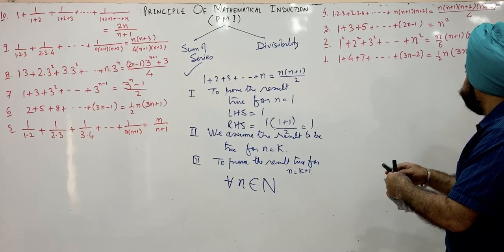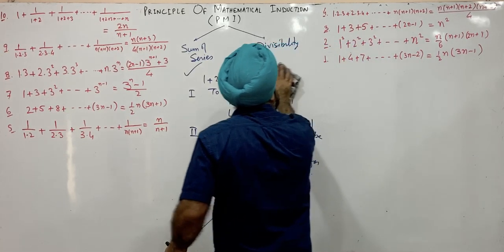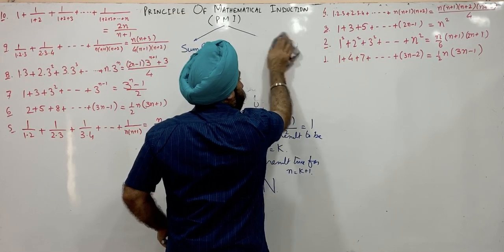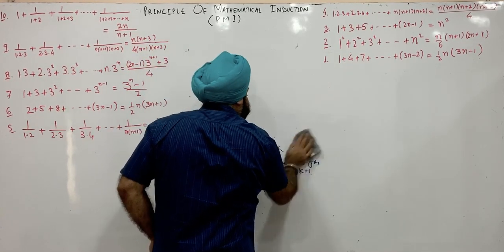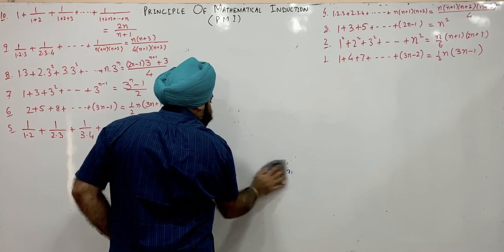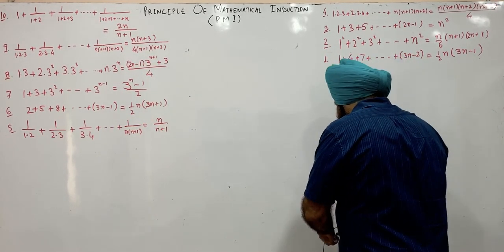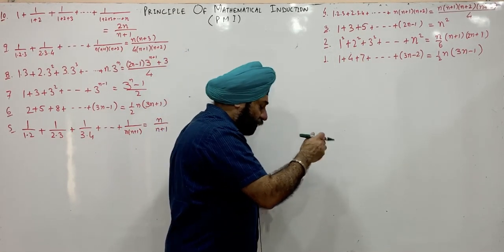we have to prove that 1 plus 4 plus 7 and so on up to 3n minus 2 is equal to 1 by 2 n into 3n minus 1. So this is how you should write.